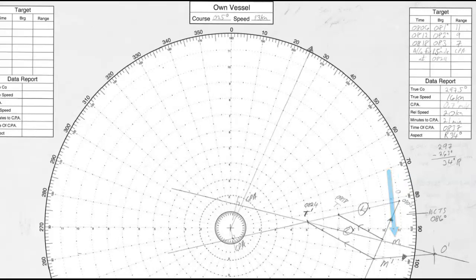A new M1-O1-T1 triangle is formed, providing the officer with the new course to steer for a 1.5 mile CPA from target vessel, provided that the alteration of course is executed by 0824 hours. Using a parallel ruler, transfer the M1-O1 line to the center of the plotting sheet, and read the new course to steer as 086 degrees true.